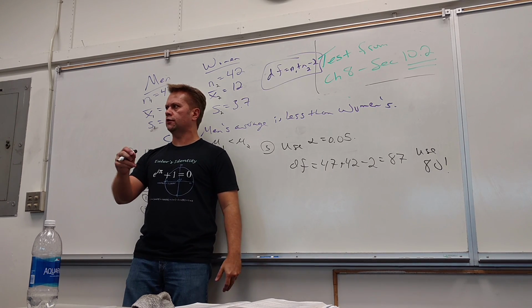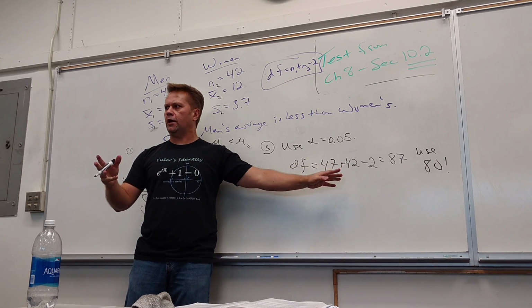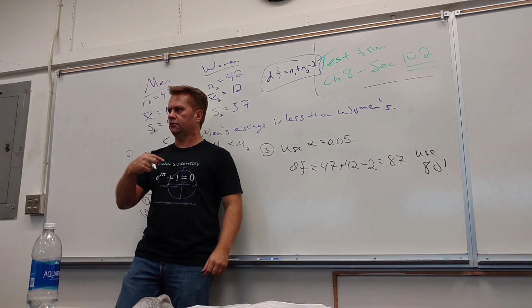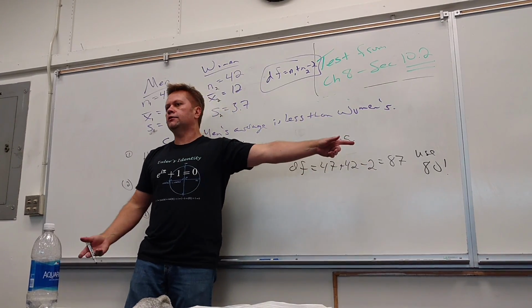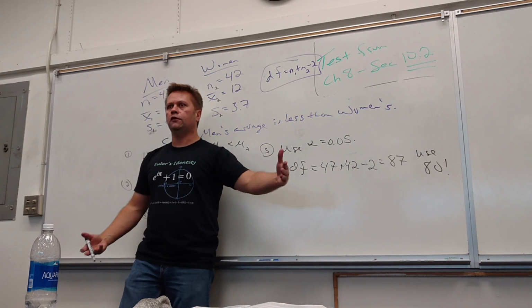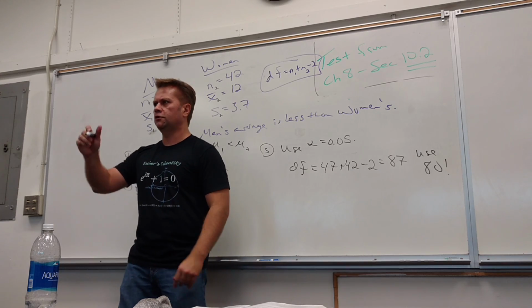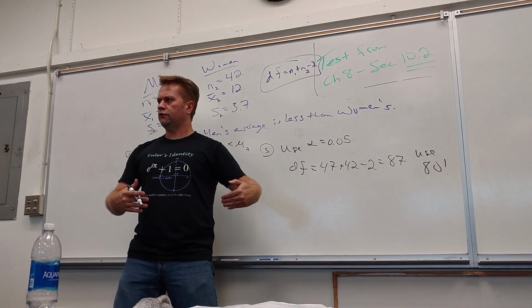Harder. So if there's some part of something that I'm not sure about, I'm always going to err on the side of making it harder to pass, because that's on me. So I don't know what 87 degrees of freedom is, so I got to use 80. That's my fault, right? If you use 90, I'm not going to take points. I'm going to say you should have used 80. But hopefully that makes sense. To be more conservative, we use the next one down.